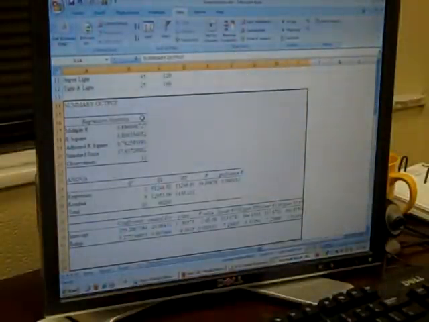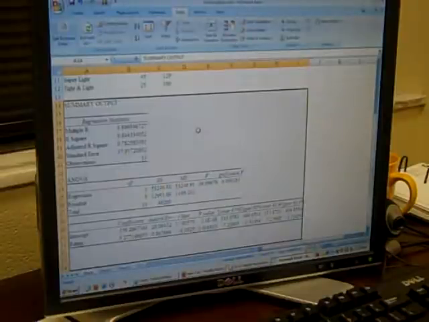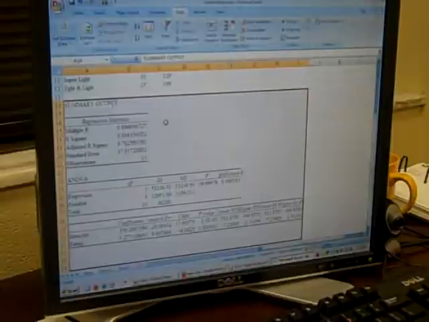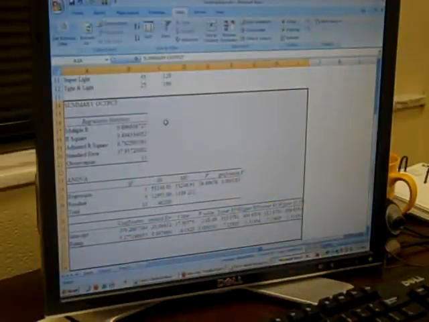Now, the next thing that I need to know is what is my correlation coefficient. It is my R, and that is my correlation coefficient. What is my correlation coefficient? No, this is not. This is R squared.